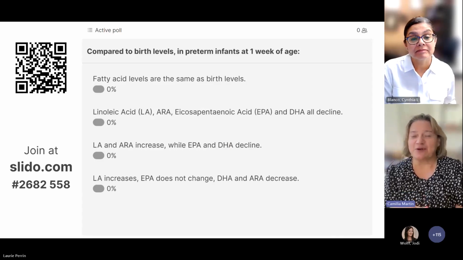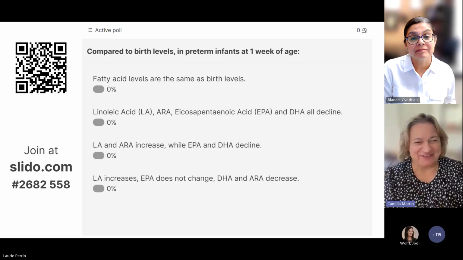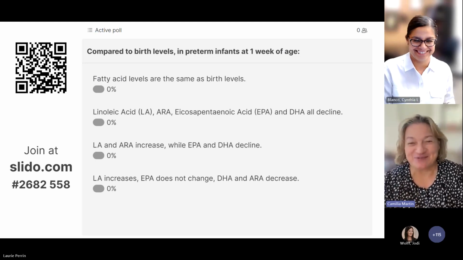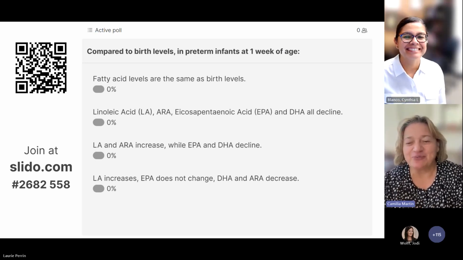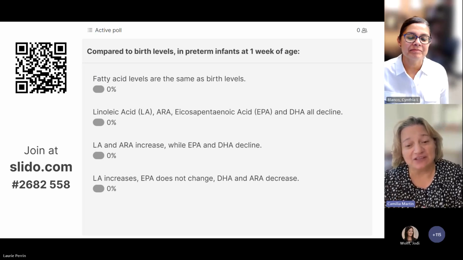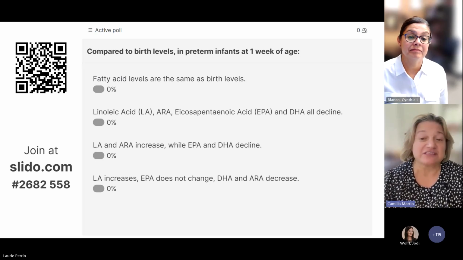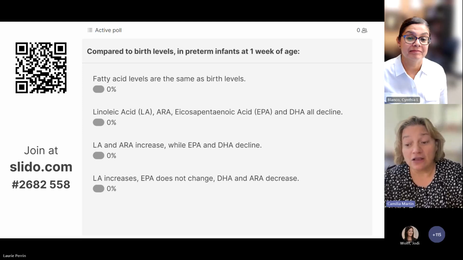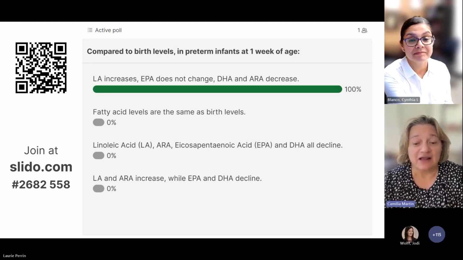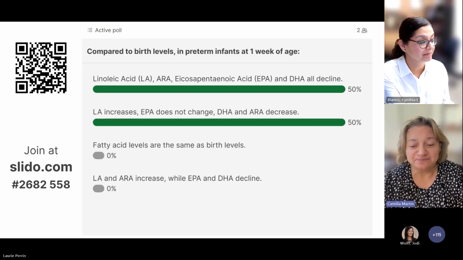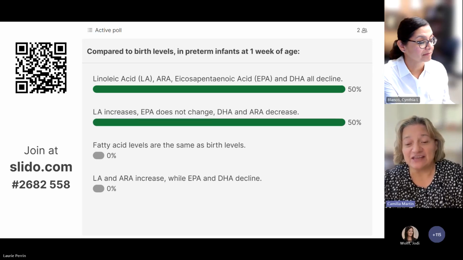So if you listened, you have this answer. Compared to birth levels, because we're going to go back to that figure, in preterm infants at 1 week of age, all of the fatty acid levels decline. We show an increase in LA and ARA, while EPA and DHA decline.